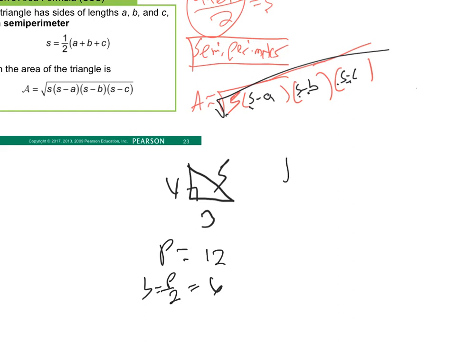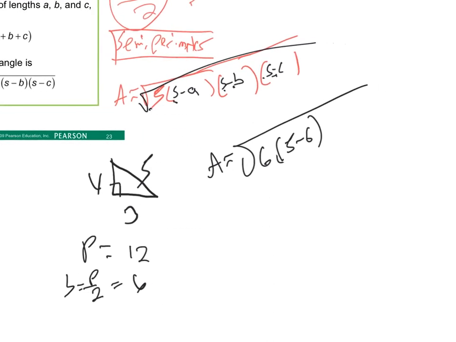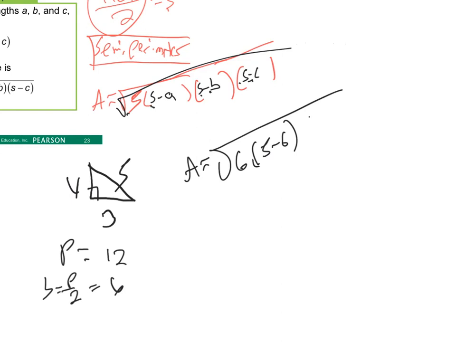Okay, so the area should be the square root of 6 times 5 minus 6. Times 4 minus 6. Is that going to work? Oh, yeah, it is.